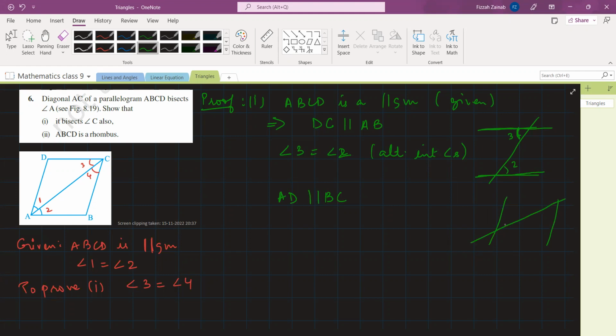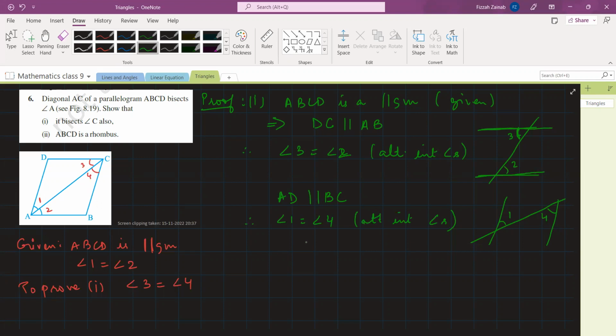So that means this angle is equal to this angle, isn't it? This is my angle 1 in the figure and this is 4. Therefore I can say angle 1 is equal to angle 4. Again, alternate interior angles, right?